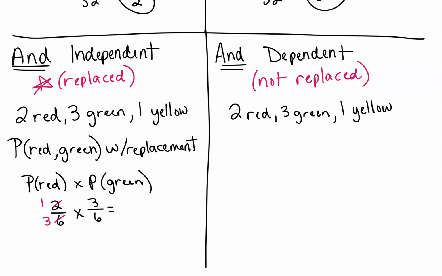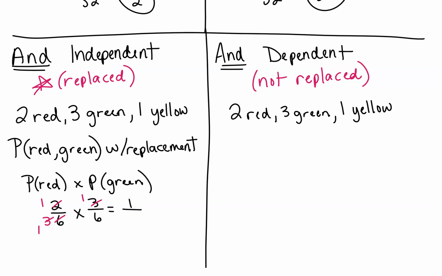Now look, I have a 3 here. I can either cancel the 3 with that 3, I can cancel diagonally, remember, or I can just simplify the 3/6 to be 1/2. It doesn't matter. I'm going to cancel it with just the 3 just so you can see how that works. And then everything is as simplified as it's going to get.